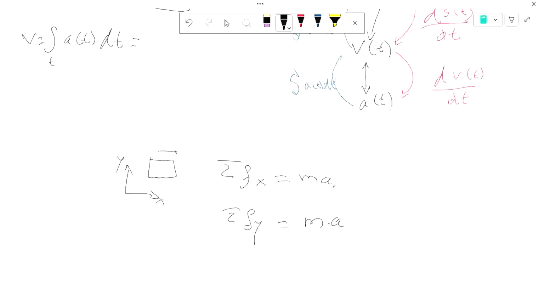And remember, acceleration is a vector, so in X and in Y. If there's acceleration in X, then you have to consider this part. If there's no gravity affecting the system, it's already on a plane moving, then this could be 0.